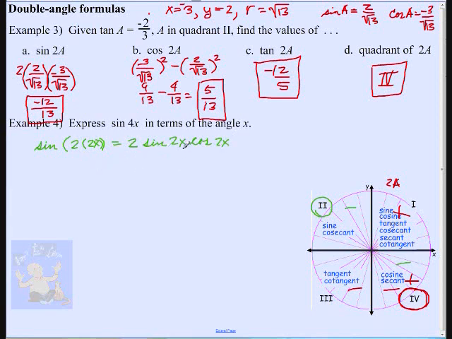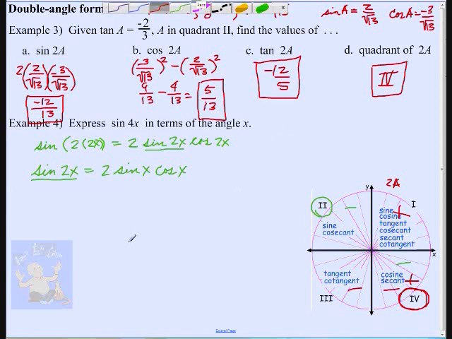And then we're going to go from, let's see, so if we have sine of 2x, I'm going to do little bits and pieces now. I'm just going to work on this piece right now. It's 2 sine of x cosine of x. True? So I could start rewriting this.